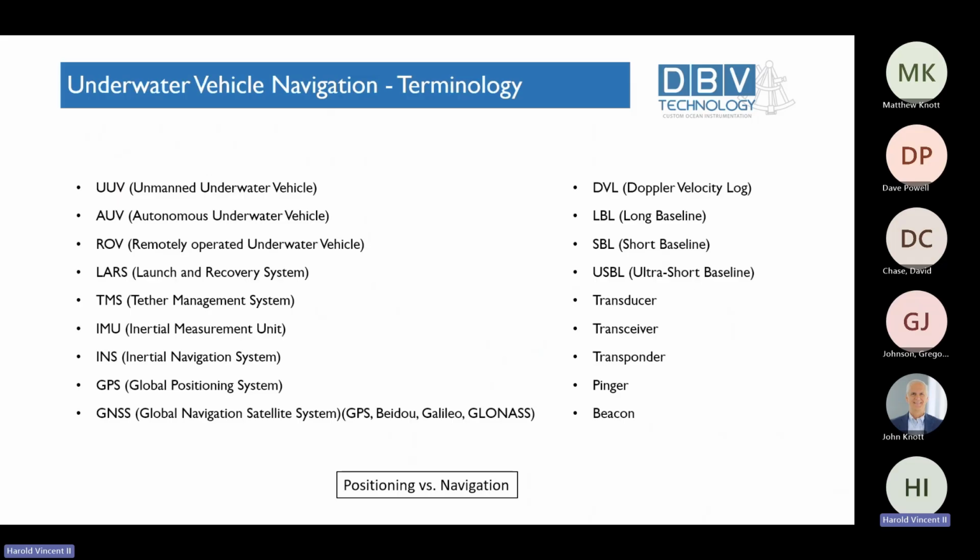An ROV, on the other hand, has a human that's driving the vehicle, steering the vehicle, and that is usually accomplished through the use of a tether, which is a wire of some type, copper or fiber optic, from the surface to the underwater vehicle.